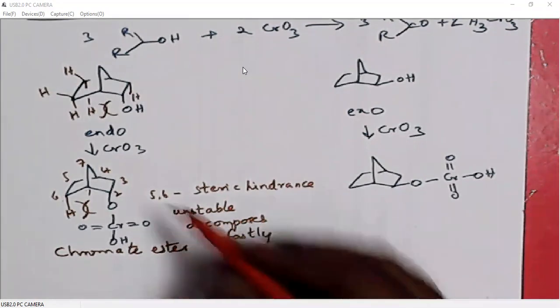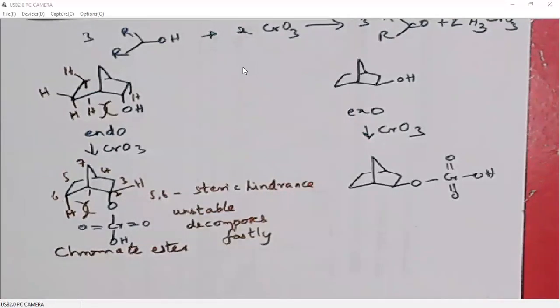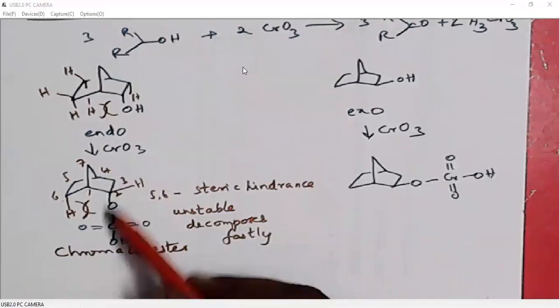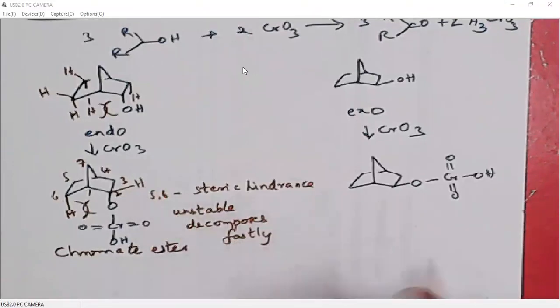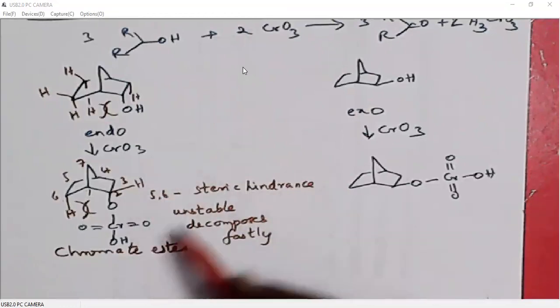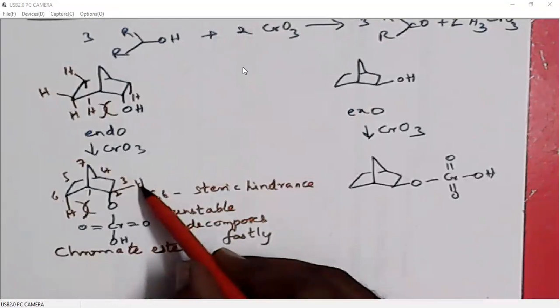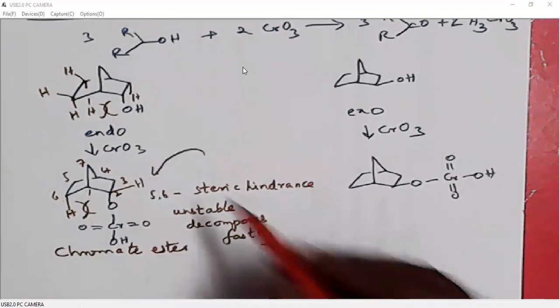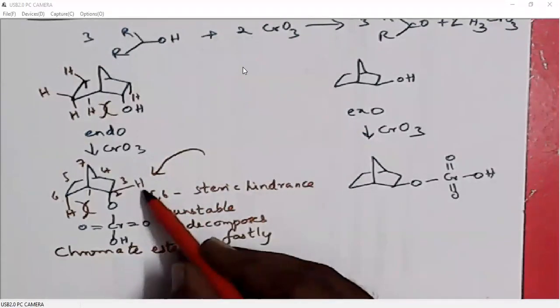One more advantage is that when we want to oxidize this, we need to take out this proton. This proton has to be eliminated so that it generates a carbon-oxygen double bond. This is in the exo position, where we don't have this type of 5,6 or 2,3 steric hindrance. That means it is not sterically crowded, so a base from the reaction mixture can easily approach this proton and pick it up.